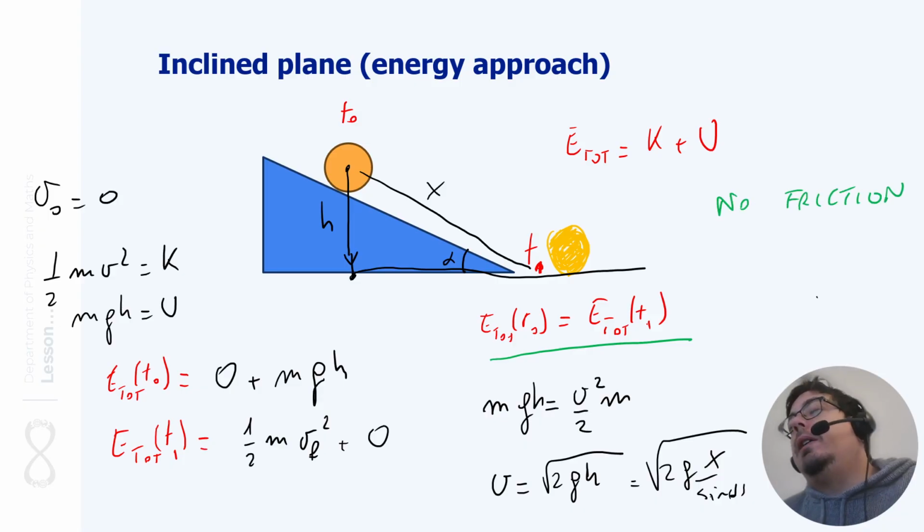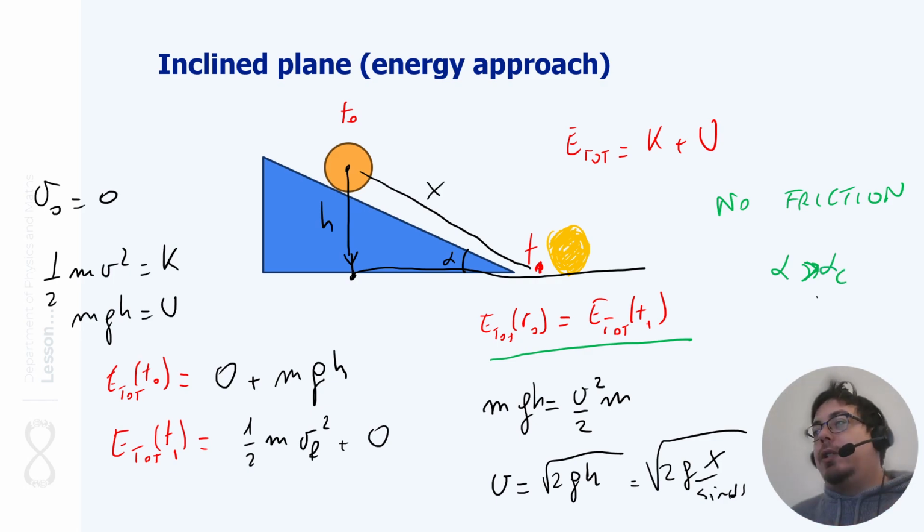The only friction that we considered was the static friction, but we are above the critical angle, slightly bigger than the critical angle for which the static friction blocks the motion, and above that angle there is no friction whatsoever.